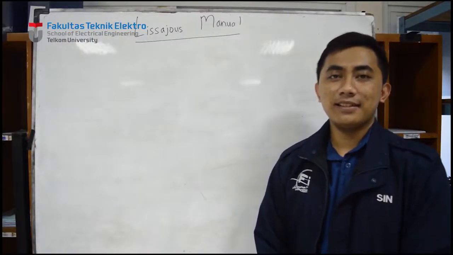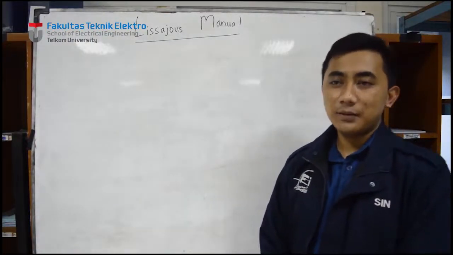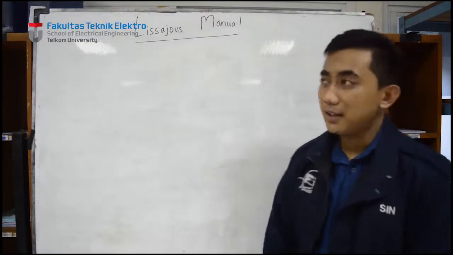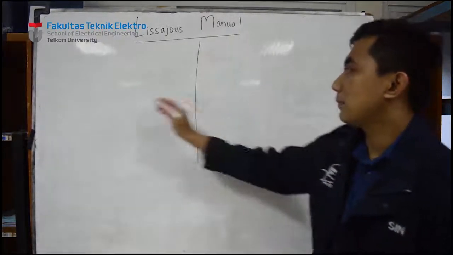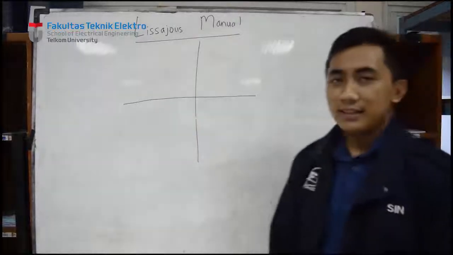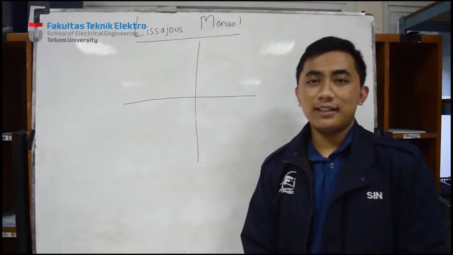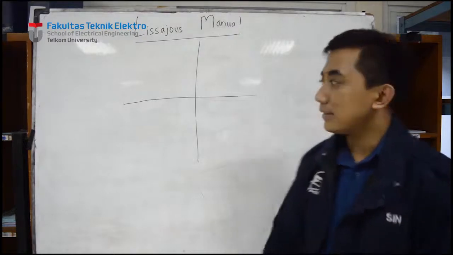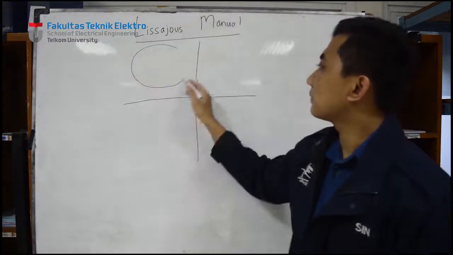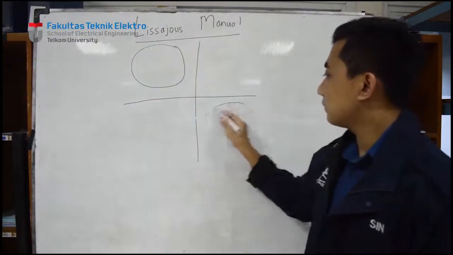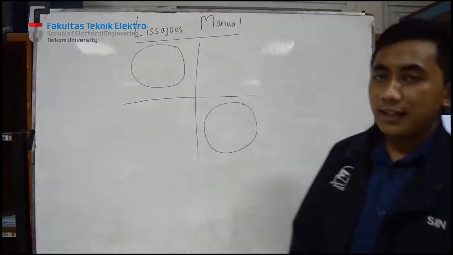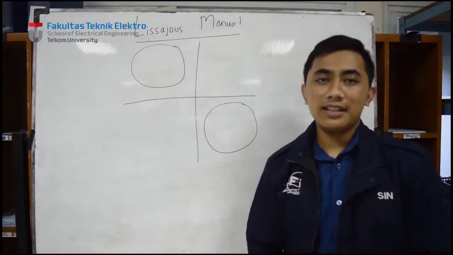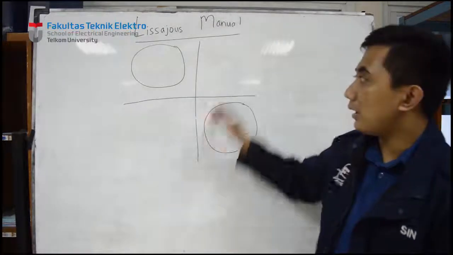Before we draw Lissajous, we have to make x-axis and y-axis. And then we make two circles in quadrant 2 and quadrant 4. I will give you example drawing Lissajous 1 to 2.